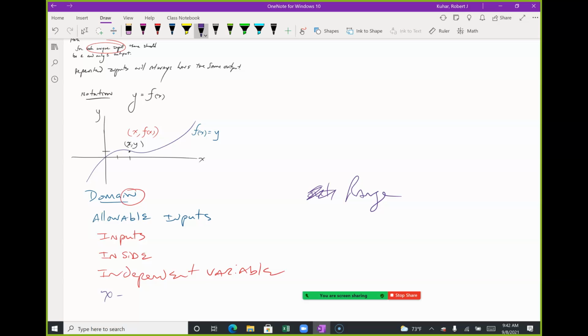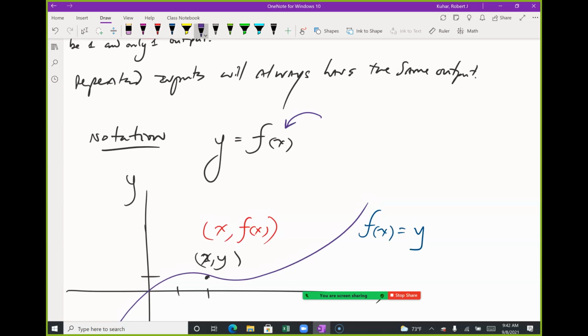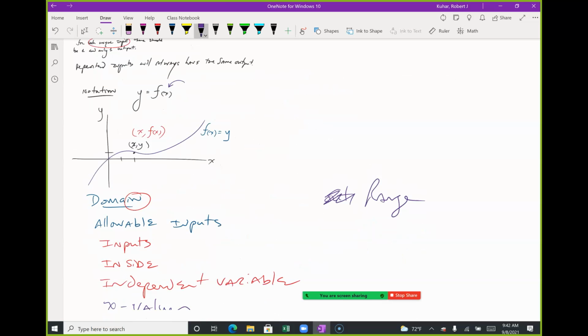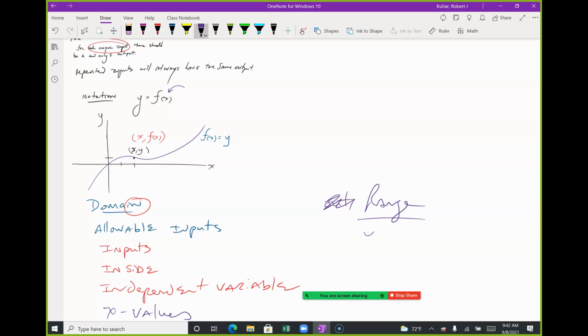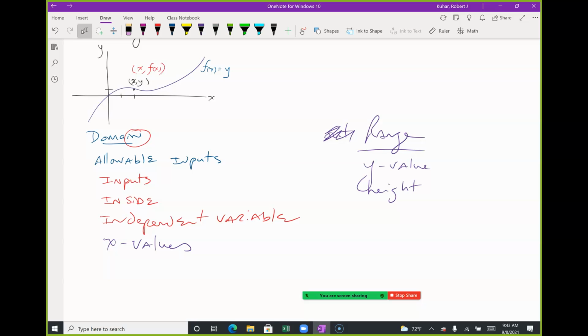These are x values, and you can see the x exists in f of x inside. So I'm always thinking domain is inside. My range, we're talking about y values, the heights of the function. The output is the height, how tall it is up on the graph, and it's the dependent variable.